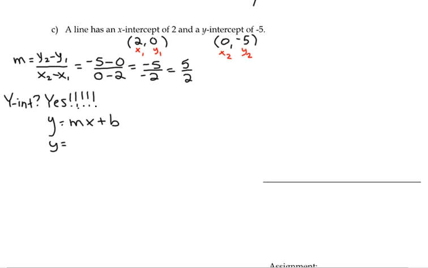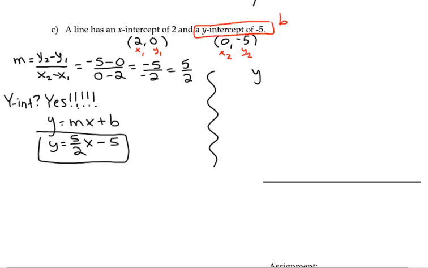What's our slope, our m? 5 over 2. Don't forget to write the x. And what's my y-intercept? Minus 5. They give me my y-intercept. That's my b value. So then we're done the first part. There's slope-intercept form.